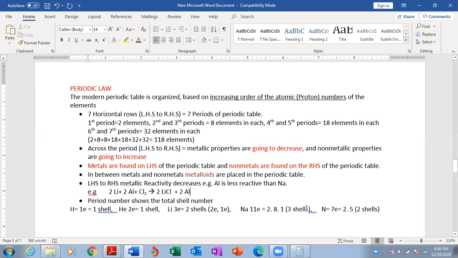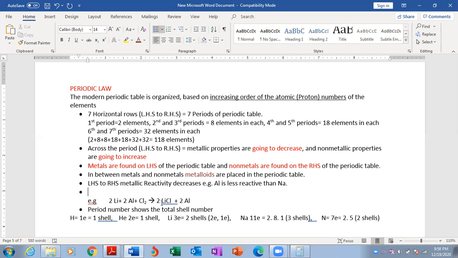Why? Because aluminium is less reactive than lithium. The same thing will happen in the non-metals.